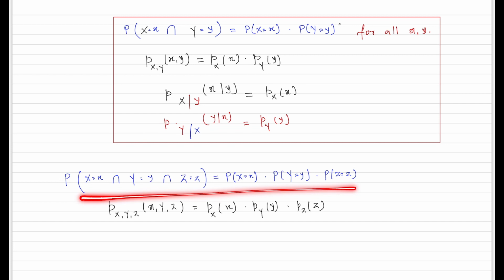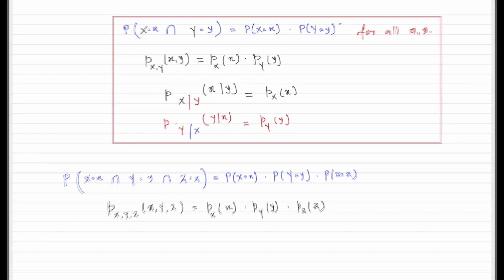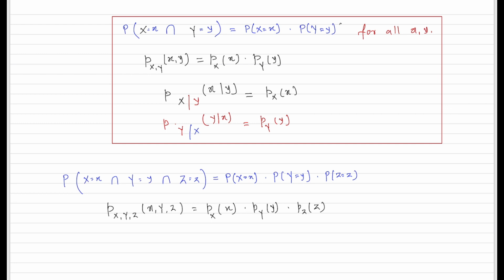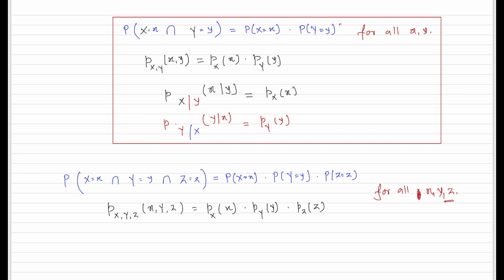I have just written this in PMF notation, and the very important point is that this has to be true for all possible values of x, y, z. Here the definition is for three random variables, but we can imagine how the definition for any finite number of random variables will go. So the joint PMF of all the random variables can be expressed as the product of their corresponding marginal PMFs.